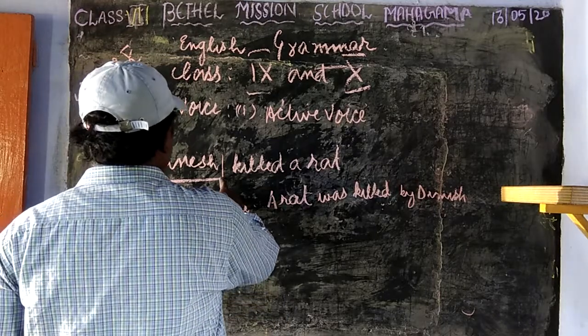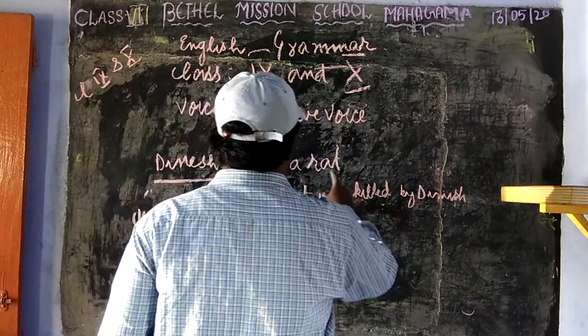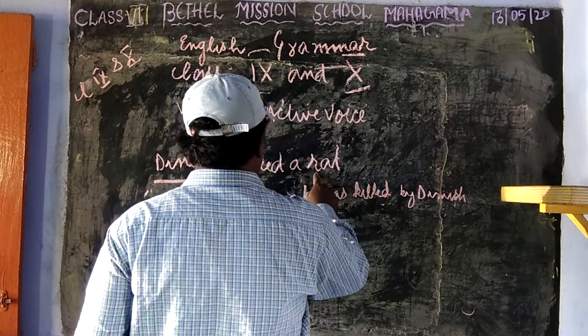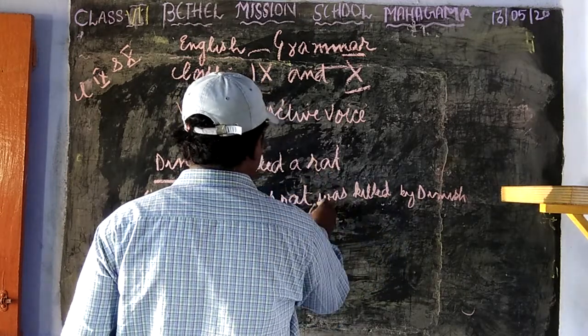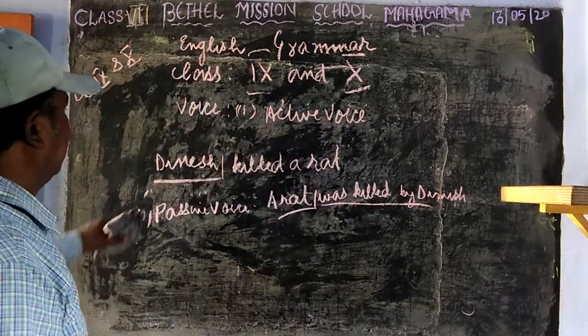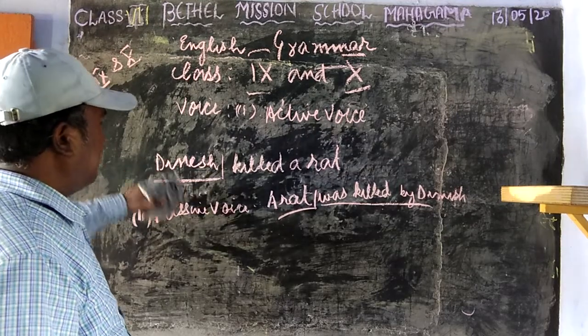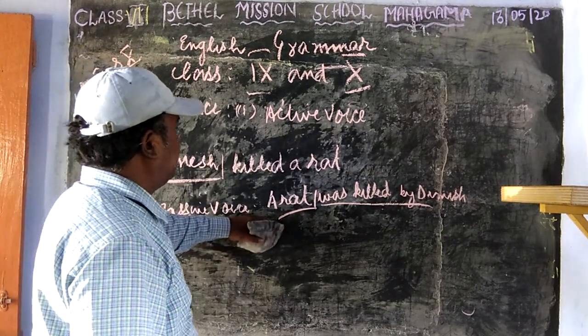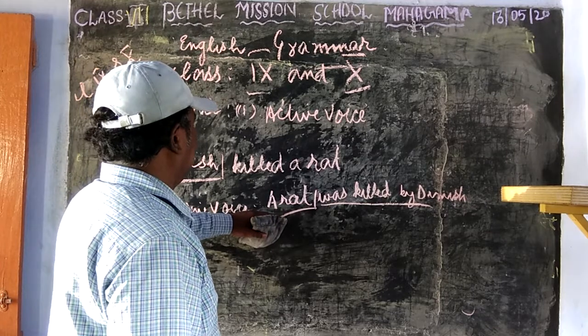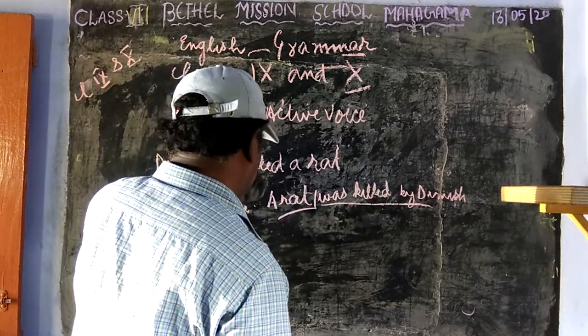So you are seeing here, the subject becomes the object here, and the object in active voice becomes the subject here. Okay. So that is what it is. In active voice, the subject does the action. In passive voice, an action was done to the subject. Okay.